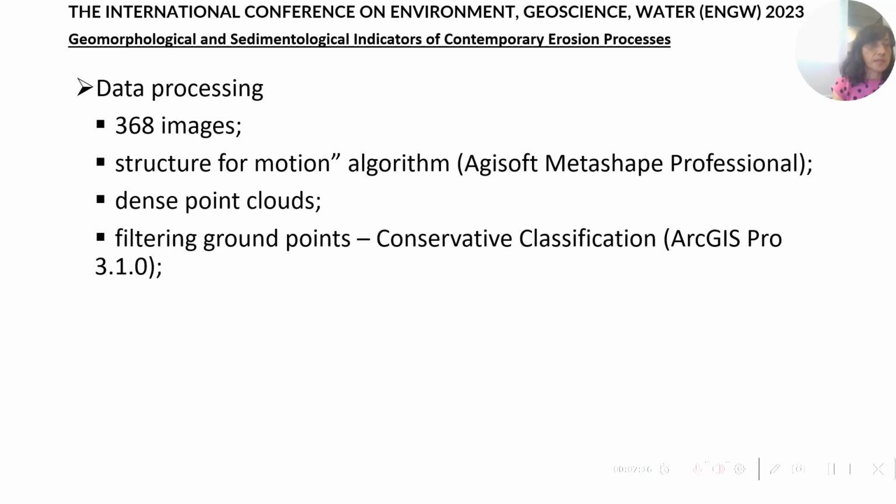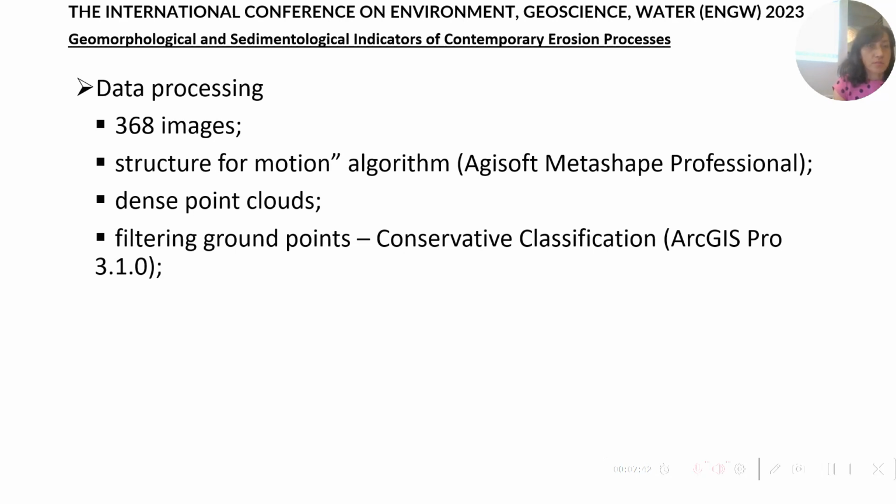As a result of the field campaign, 368 images were obtained for each one of the campaigns. The data acquisition was done in one and the same way, with one and the same flight plan, to be able to consider the changes in the surfaces.